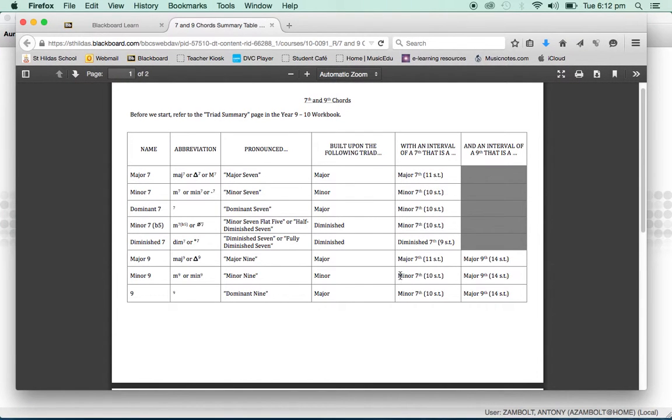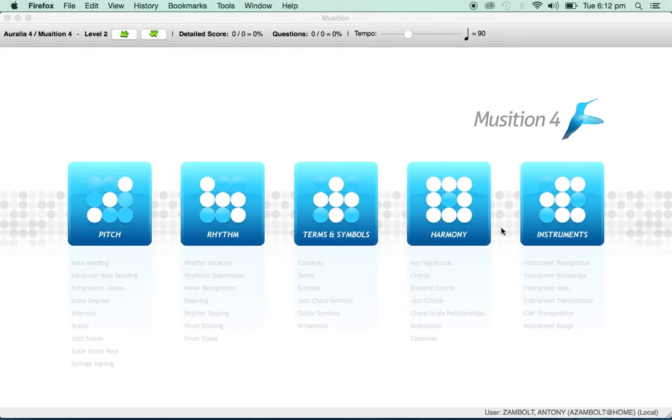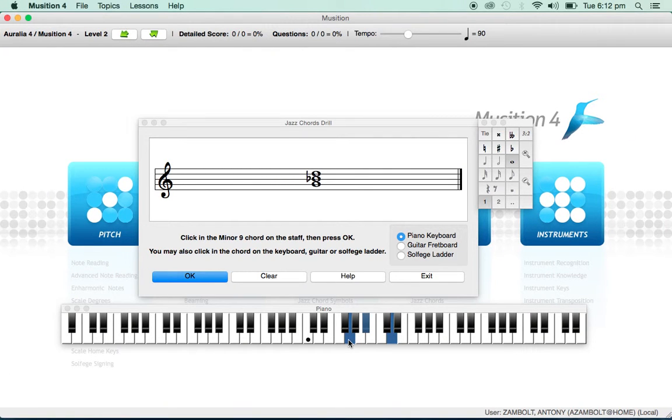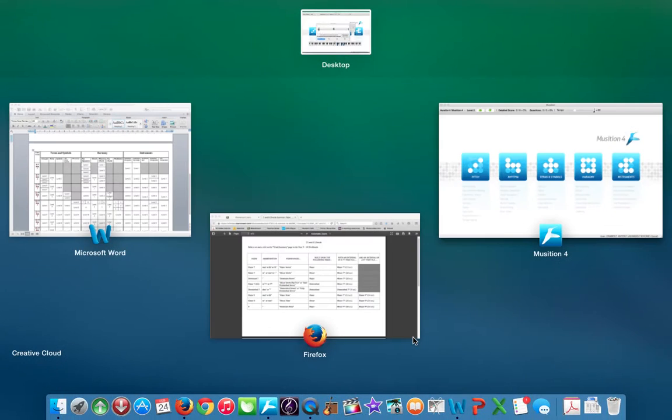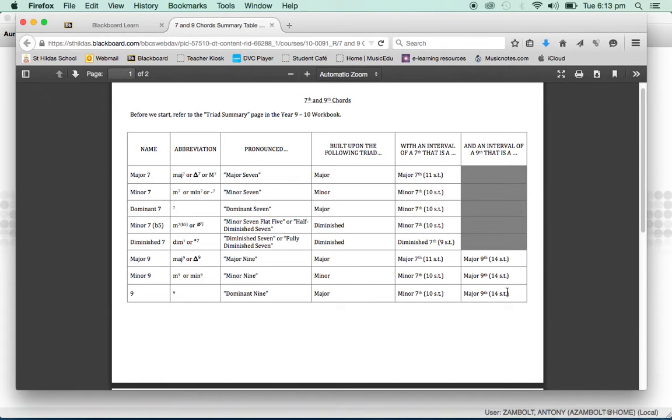Then I'm going to work out from the bottom note what is a minor 7th up to the top. And I've actually got it here in brackets. It's going to be 10 semitones. So from here, counting carefully, 1, 2, 3, 4, 5, 6, 7, 8, 9, 10, and we end up on this F. After that, we need to know that the next one is going to be 14 semitones.